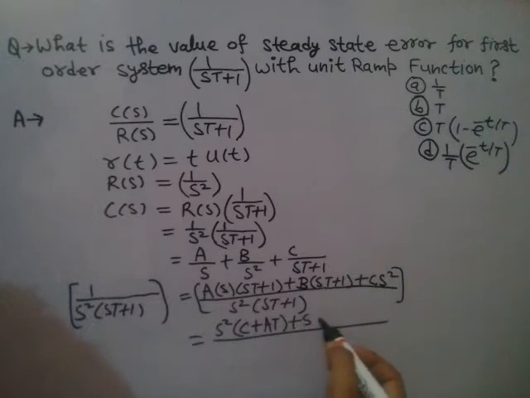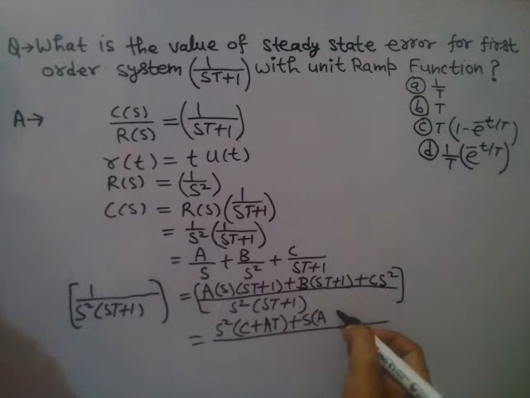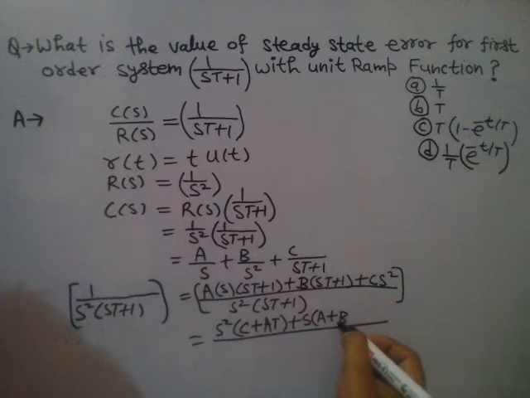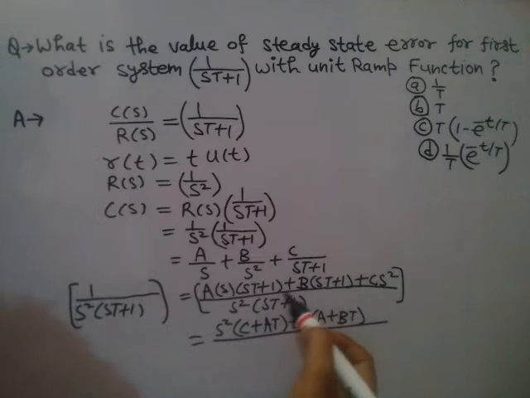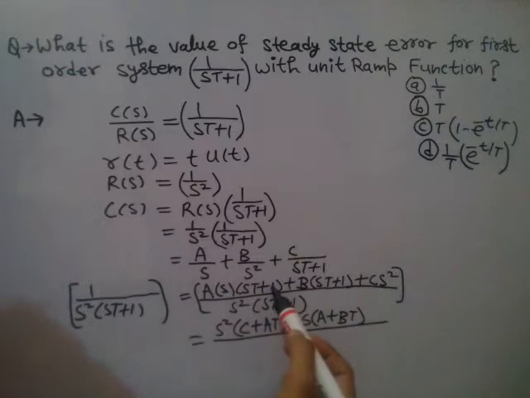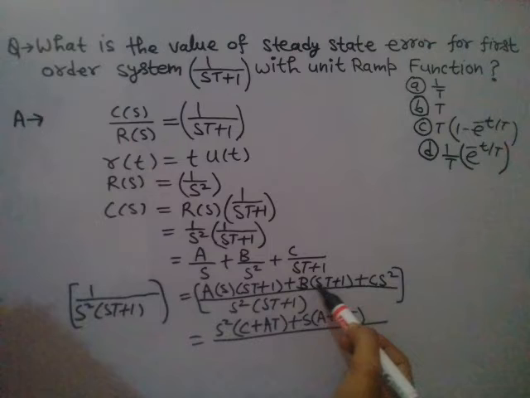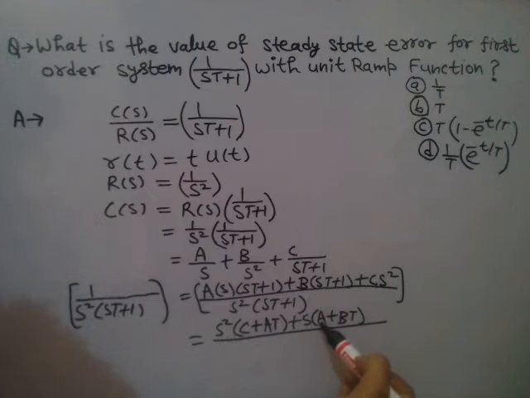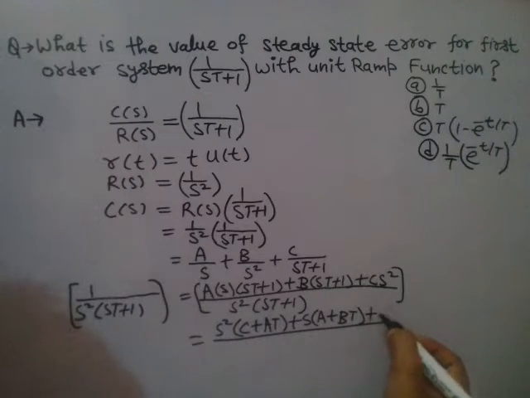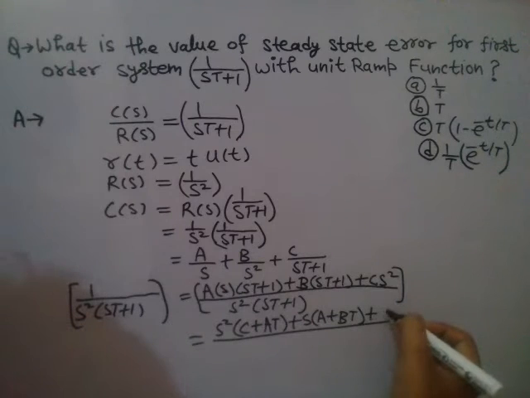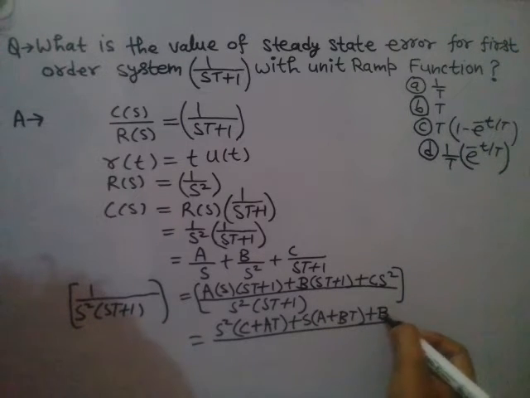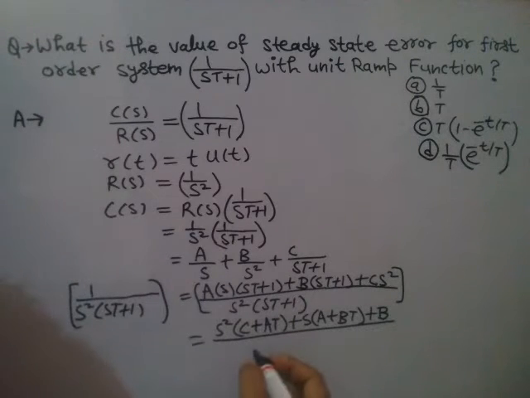Now take the coefficient of s, it will become A plus BT: from here it is As into 1, that is As, and from here BTs. Plus what is remaining? The constant term B is remaining, which is free from s.